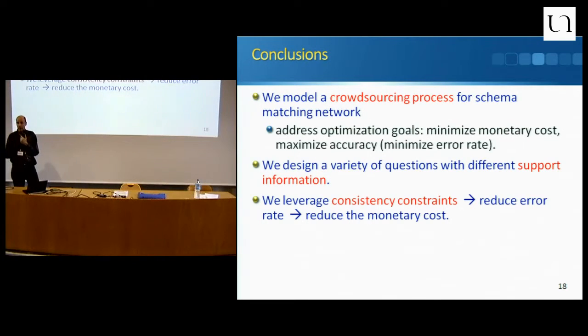We introduced this schema matching network model, and our focus was the post-matching phase. We would like to minimize the costs of correcting the errors, because this is the real cost in the company. For this reason, we apply crowdsourcing techniques.